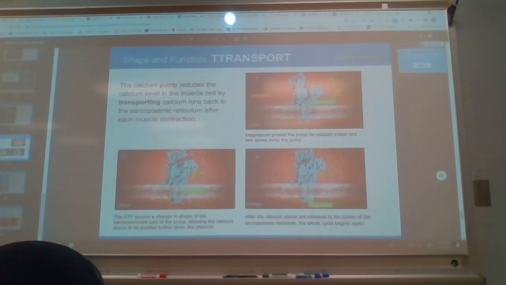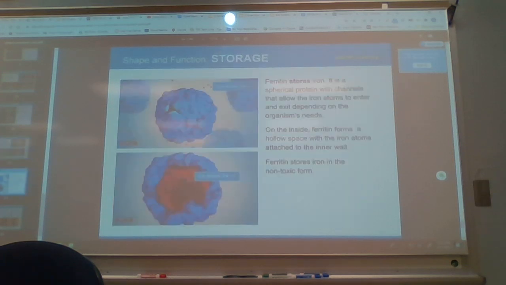Transport. So last semester we talked about facilitated diffusion and active transport, which require transport proteins, so channel proteins or pumps that help things get in or out of the cell. So here's an example of a calcium channel. Storage. So some proteins are just responsible for storing things. So this example, ferritin stores iron.